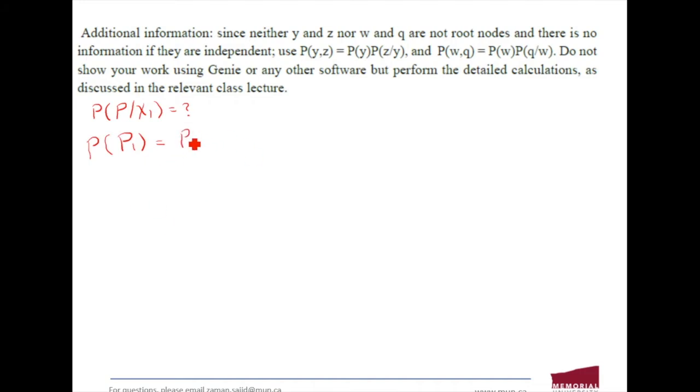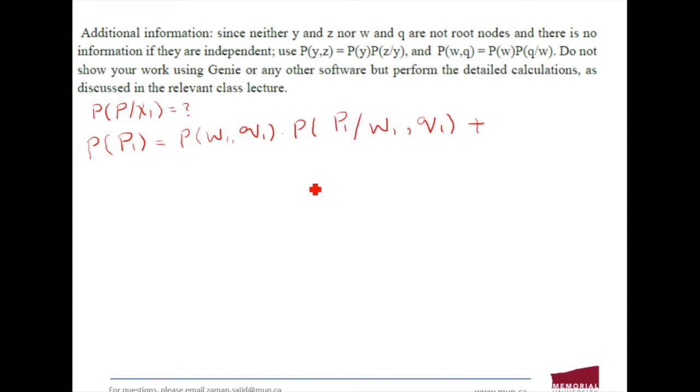So it will be the probability of W1, Q1, times the probability of P1 given W1 and Q1.